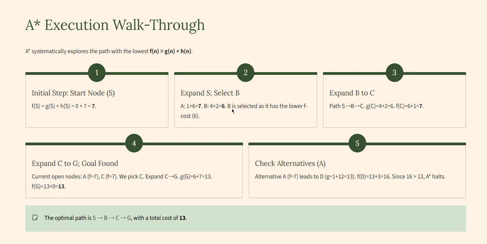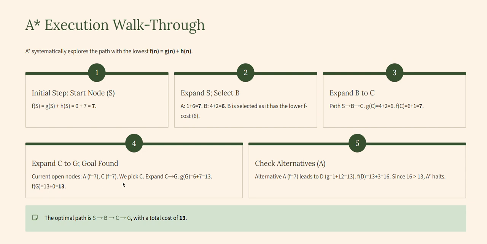The lowest cost is b, and we take b, and from b we expand to c, where we calculate f of n and again take the smallest path as 7. After that, from c to g is the only path available. From c to g we reach the goal with 6 plus 7.